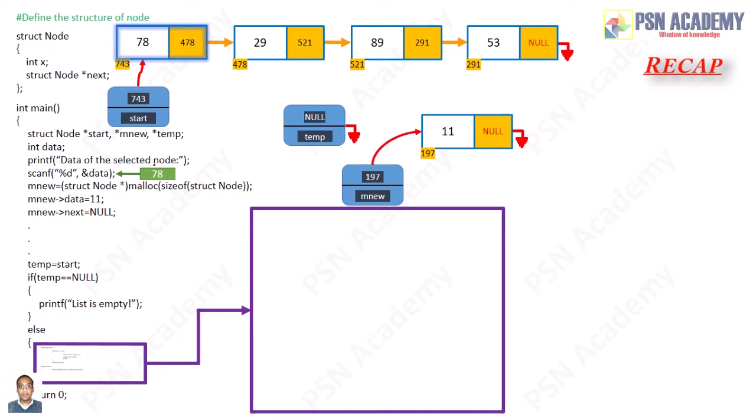For example, we used 78 here and we use the temp pointer here to find out the node in which the data part is carrying 78. Now, if it matches, then temp stands there and insert this new node after that specified node.